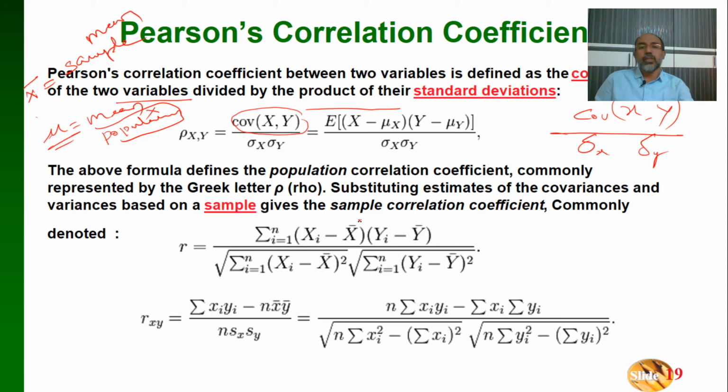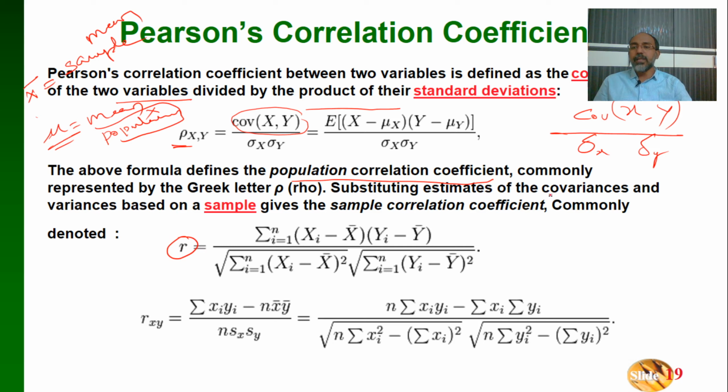The above formula defines the population correlation coefficient, commonly represented by the Greek letter rho. When we write rho, it means the population statistics, the correlation of the population. When we write small r, we are mentioning the sample correlation.